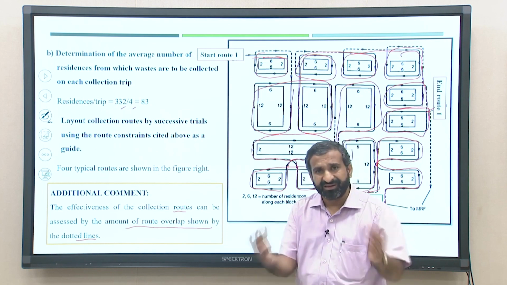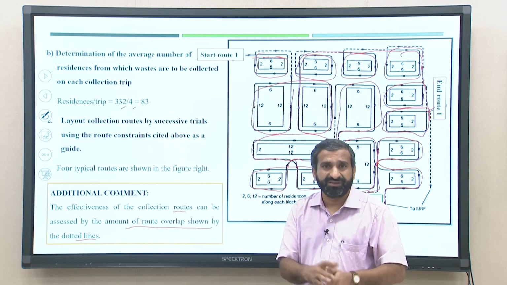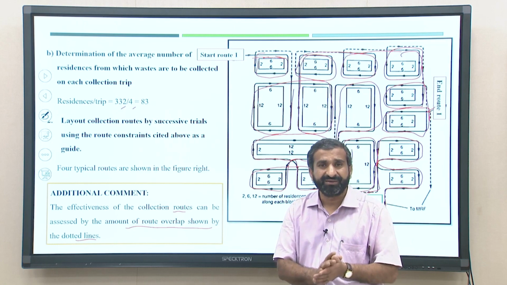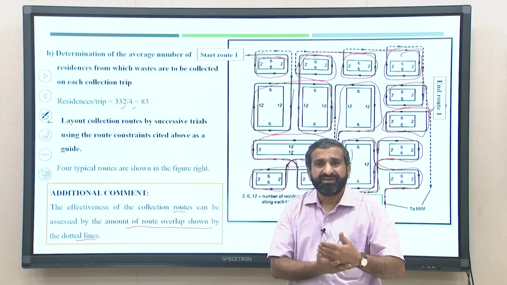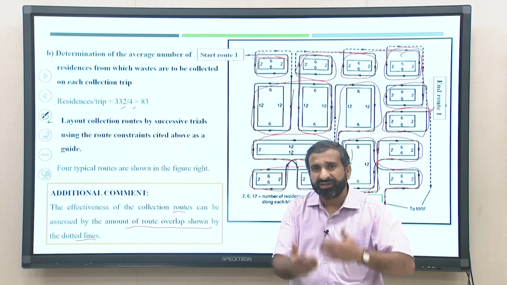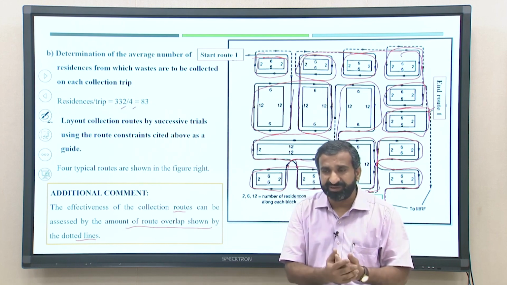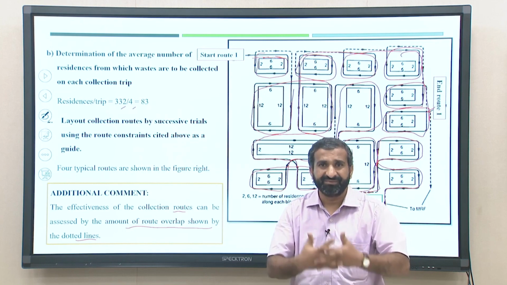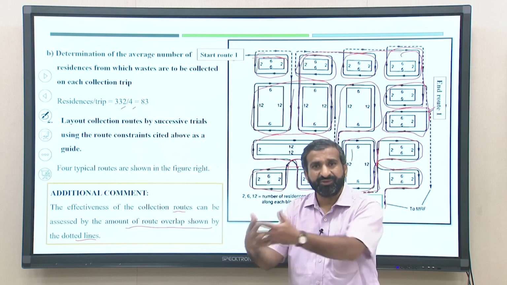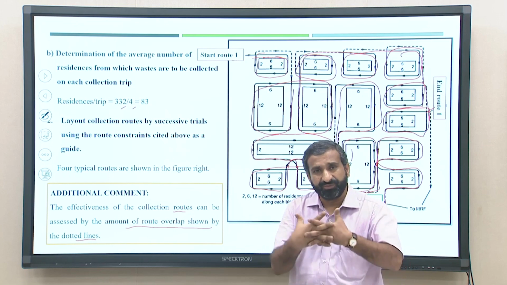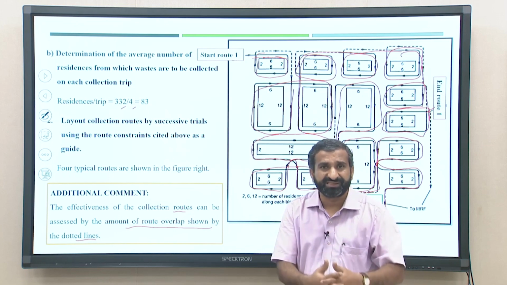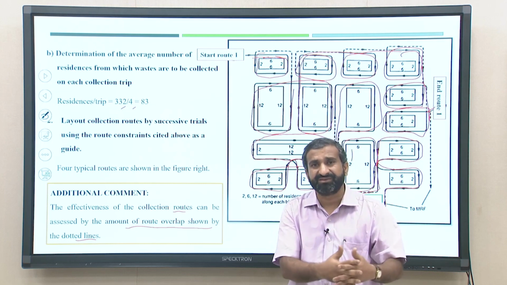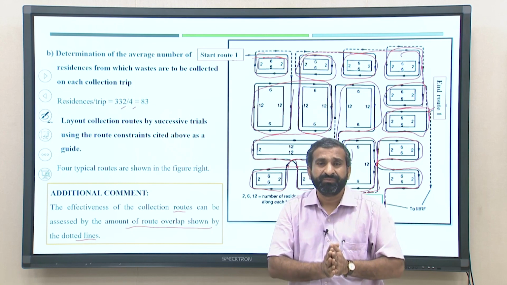Again, it depends upon the kind of experience the local authority is getting. Based on those experiences, they have to modify. It is also very important because waste generation is increasing year to year, so the infrastructure facility for the collection system or collection services also has to be improved.